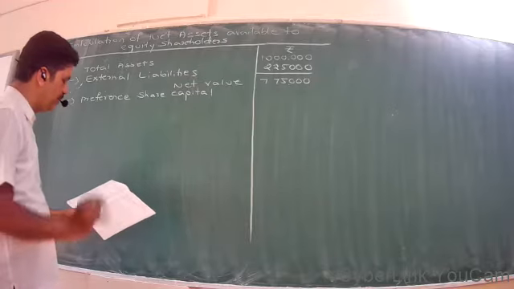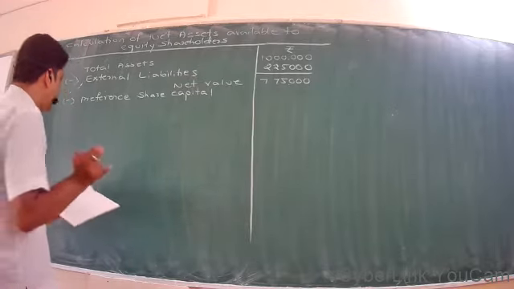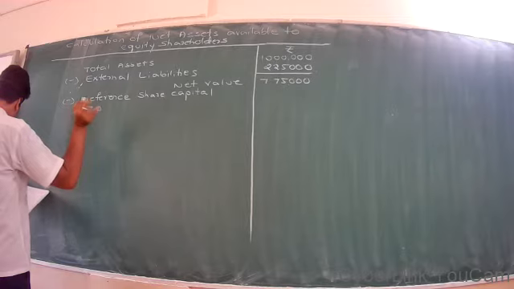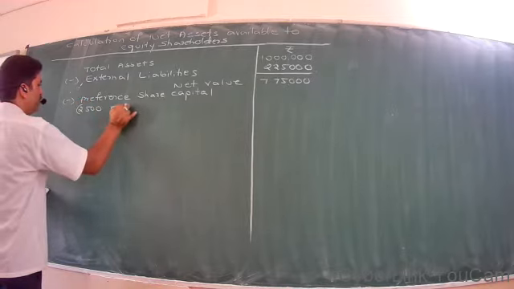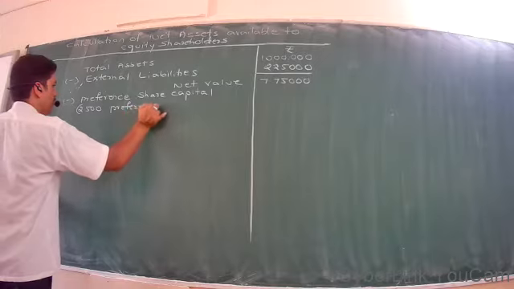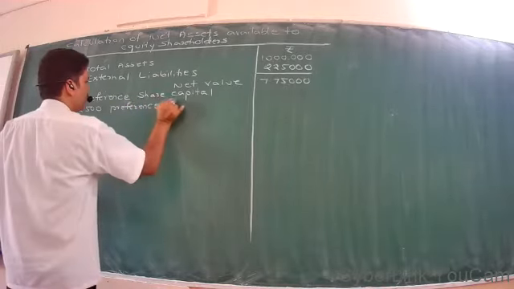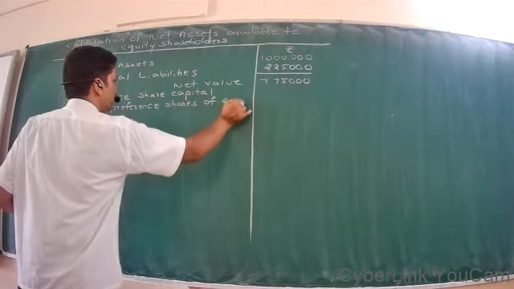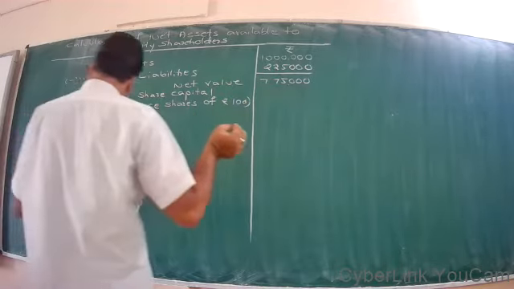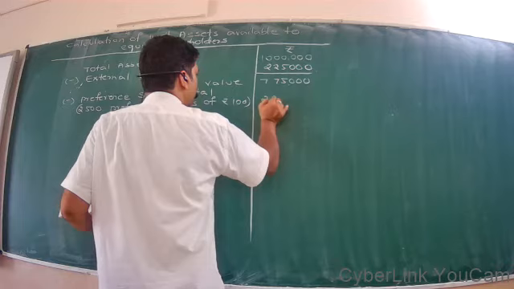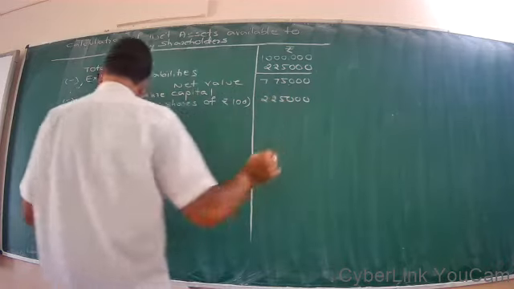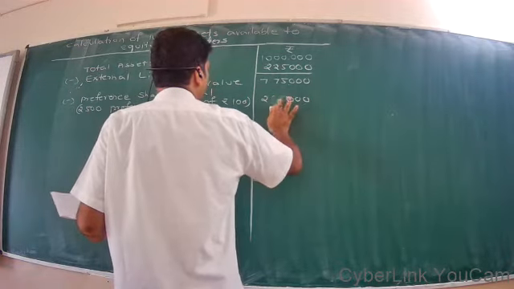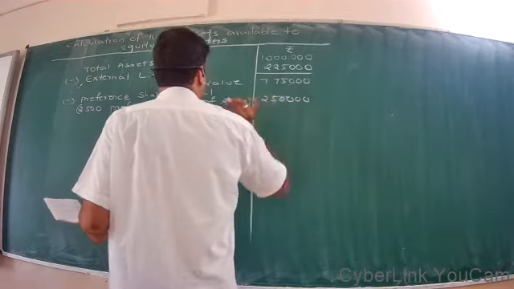So 2,50,000 divided by 100, you will get 2,500 preference shares of rupees 100 each. So it becomes 2,50,000.